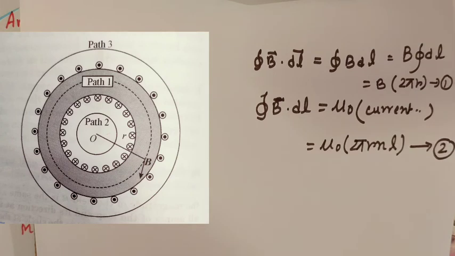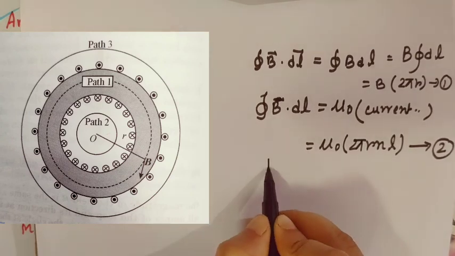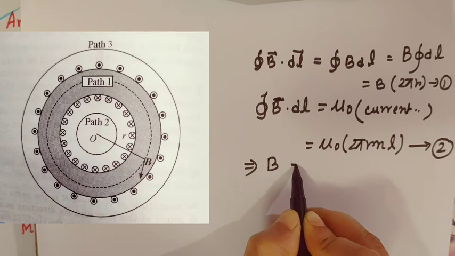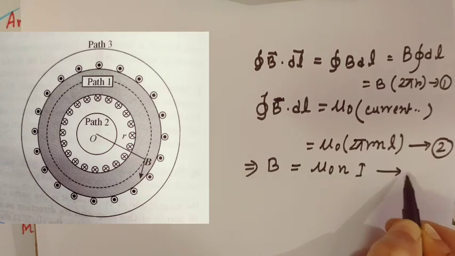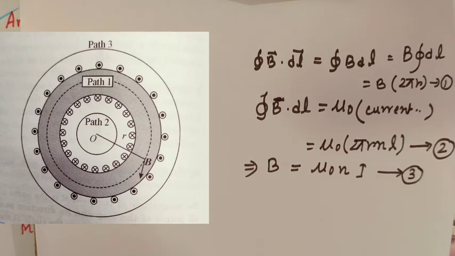Now from equation 1 and 2, what can we write? From equation 1 and 2 we can write B is equal to mu naught n I. Give this equation number 3.